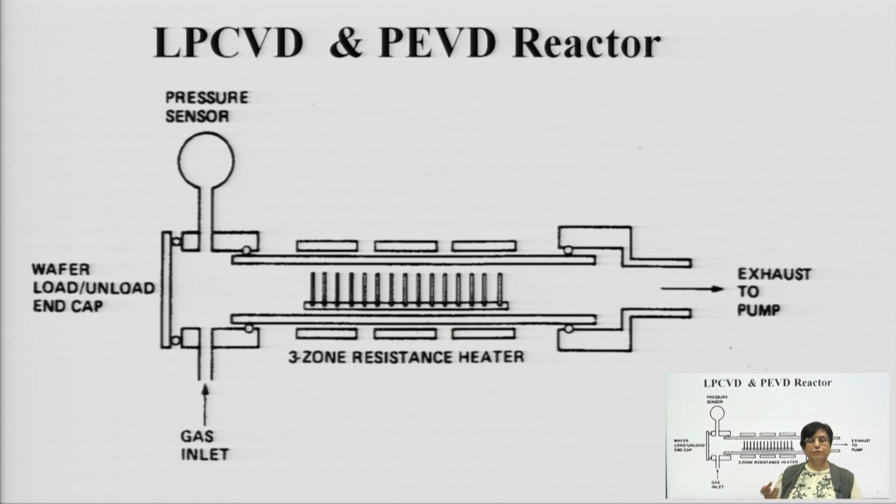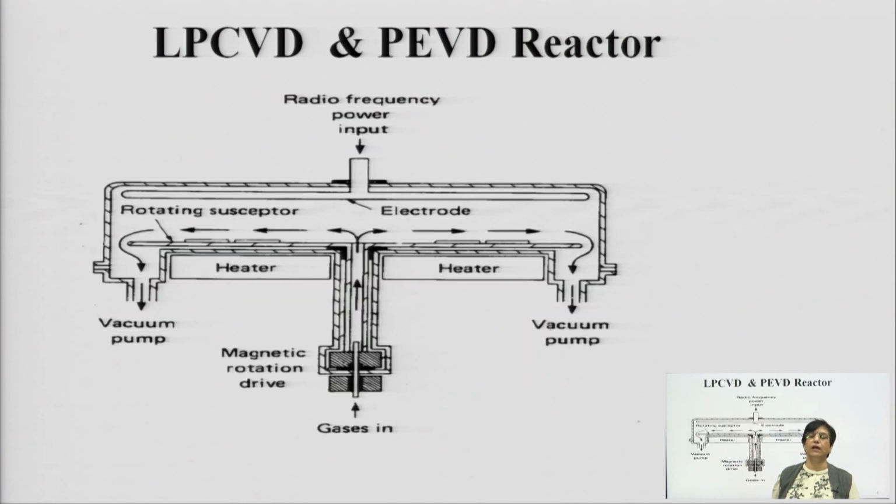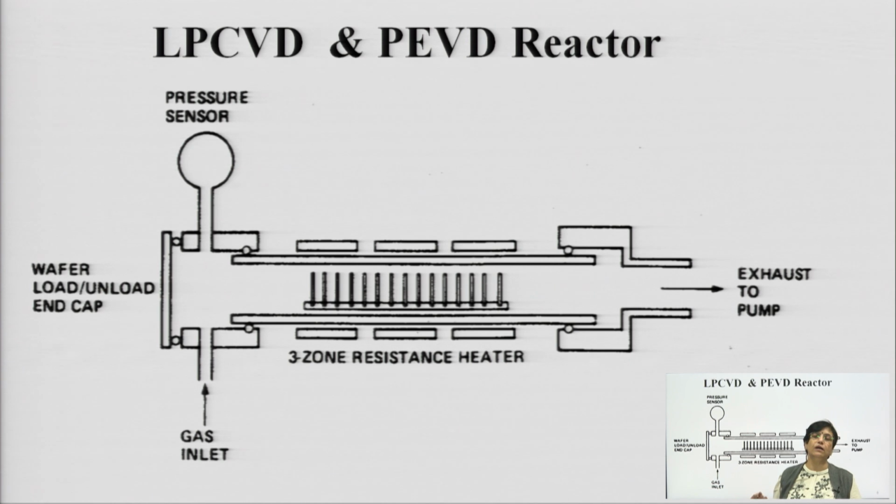If you have some active species in the underlying layer, they can get energized or have an adverse impact if you are heating the wafer during the process. You don't want that to happen. So, under such a situation you can go for low pressure CVD, so that the technique happens at a much lower temperature and in vacuumized condition.